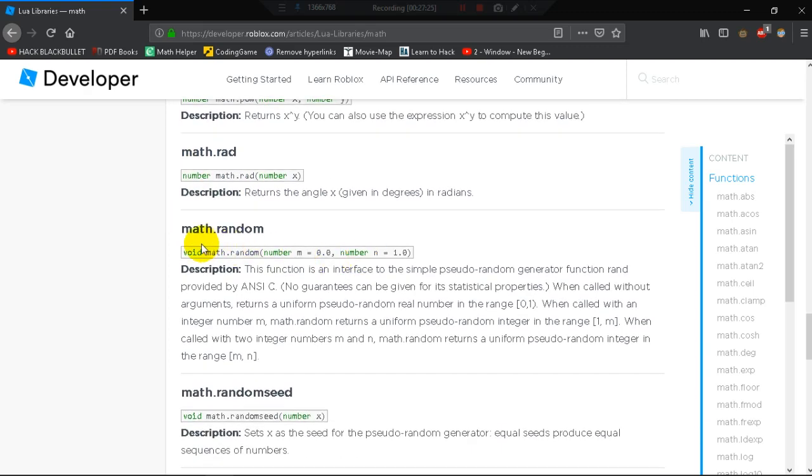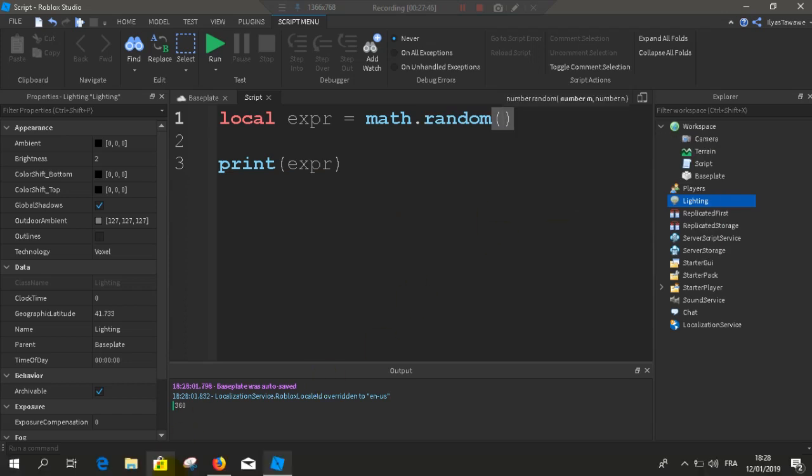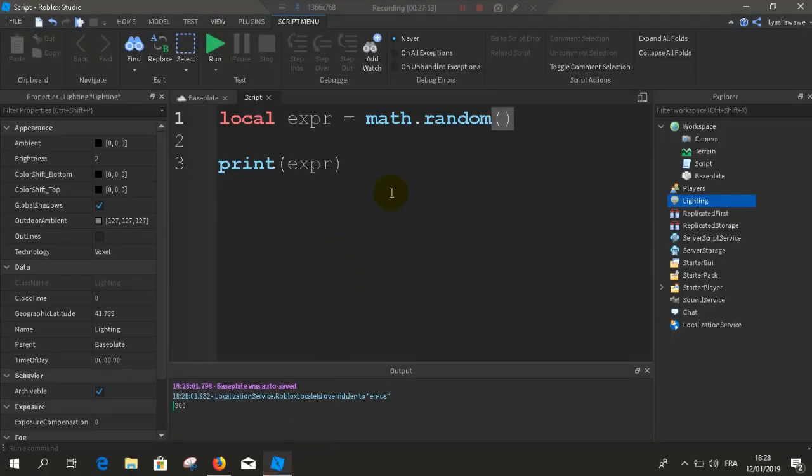So math.random. I actually talked about this a lot, but it just gives you a random number between a minimum value and a maximum value. With math.random, you can actually use just one parameter, and it's going to give you a random number between 0 and, I think, 0 or 1. I'm not sure about that, but let's see. Let's just give it 1.